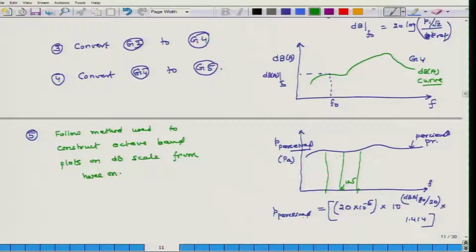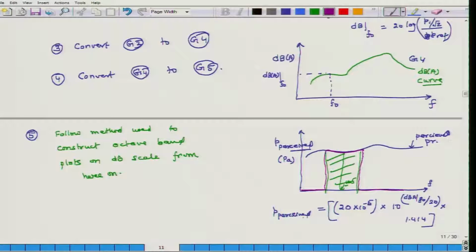If I have to get the energy in this band, I identify this band, I modify this curve so that all other frequencies are 0. Take the inverse transform of this modified magnitude curve, the phase plot remains unchanged.